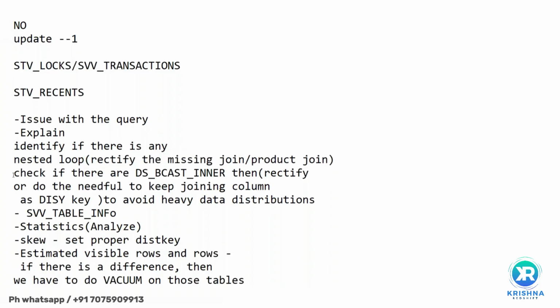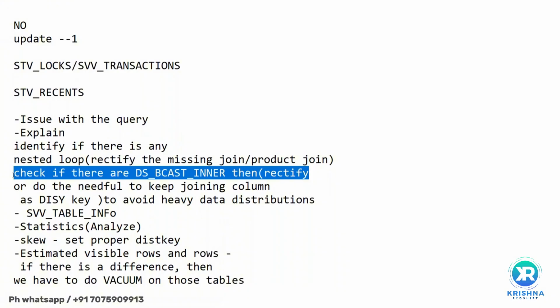And of course, the other term, as I already said, is broadcast. Broadcast means, as in communication where there is point to point, multicast, and broadcast, it distributes to all the receivers, everyone. Generally this happens if the join condition is not based on the distribution keys, or if one of the tables is not distribution style ALL.